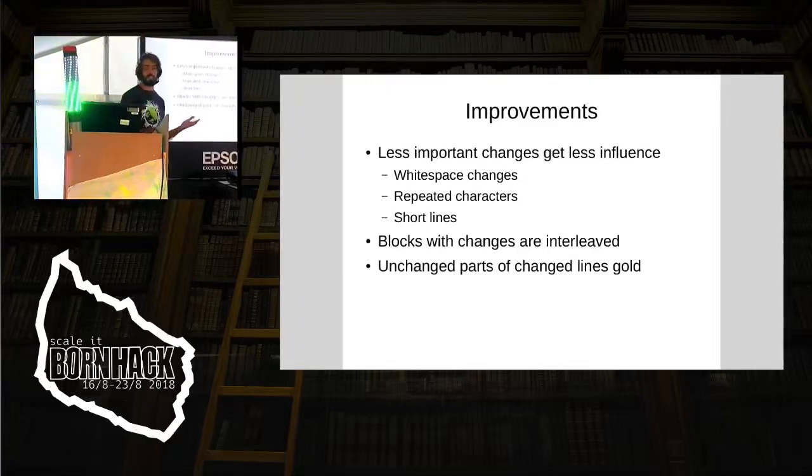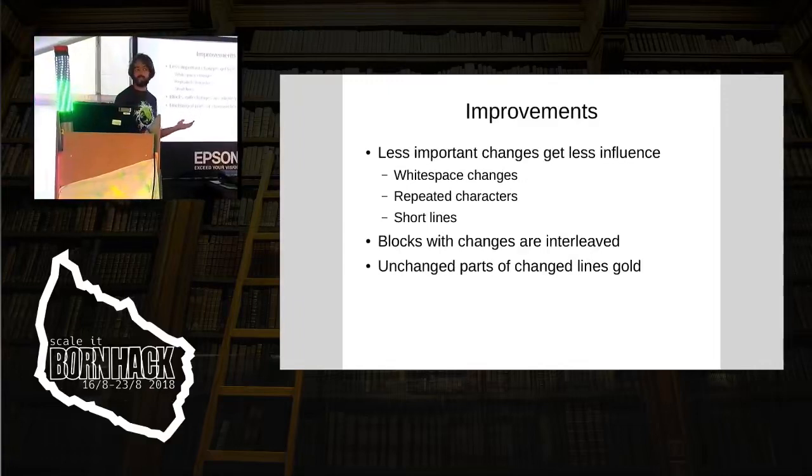So what I did is make an improved diff algorithm. It has been on my computer for a few years, but now I thought, it's Bornhack, what can I do? Maybe it's a good time to finish this algorithm and put it online.